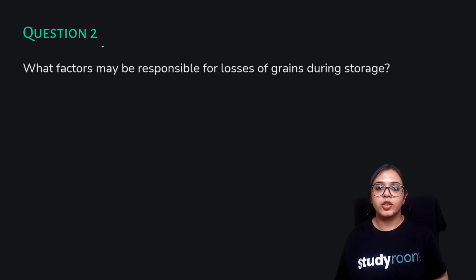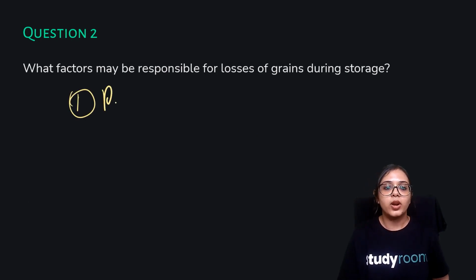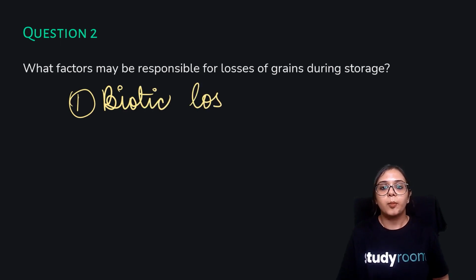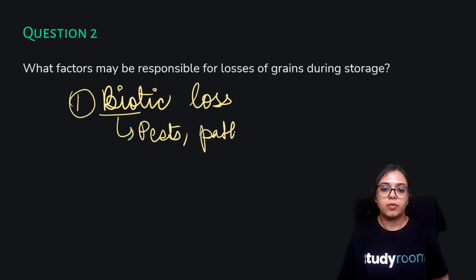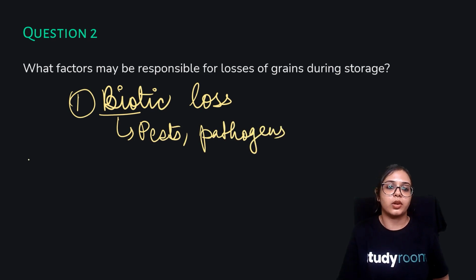What factors may be responsible for losses of grains during storage? So there are two kinds of factors. One is the biotic loss, which is the loss incurred by living organisms, again such as pests and pathogens. All right. And then you have the abiotic loss. Abiotic loss means a non-living loss.